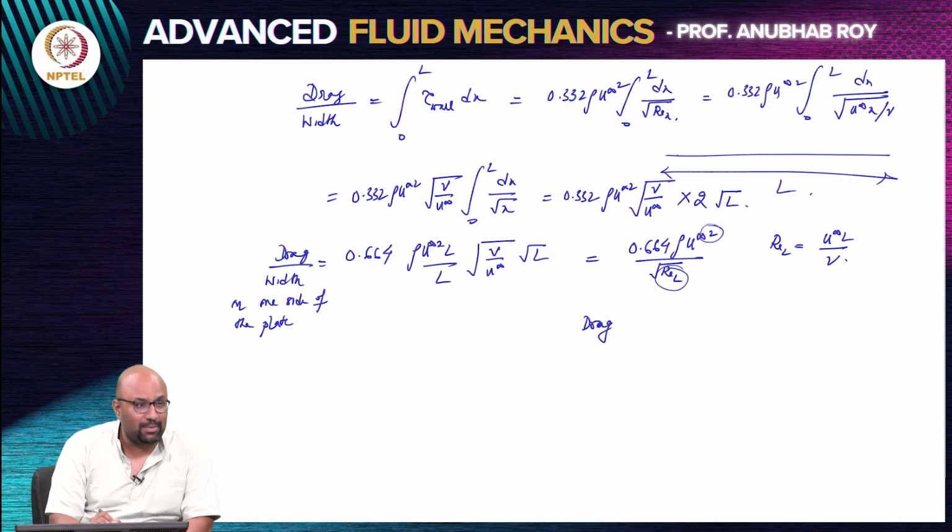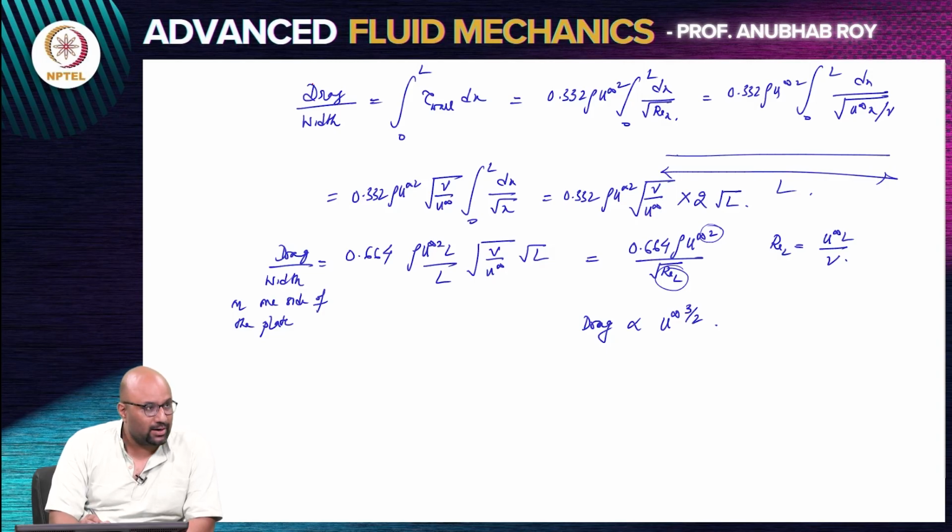If you say that I am increasing my velocity by a factor of, let us say, 9, how much would the drag increase? So, here drag goes as velocity to the power 3 halves.